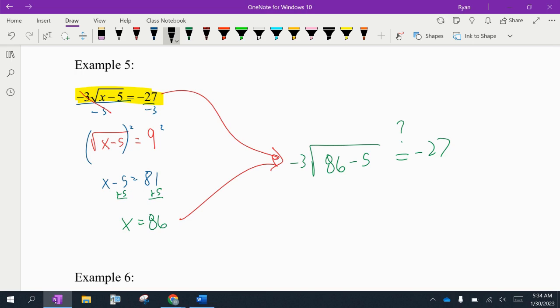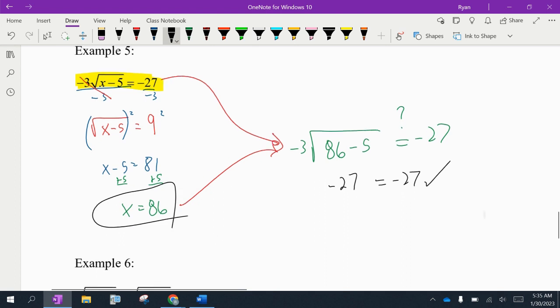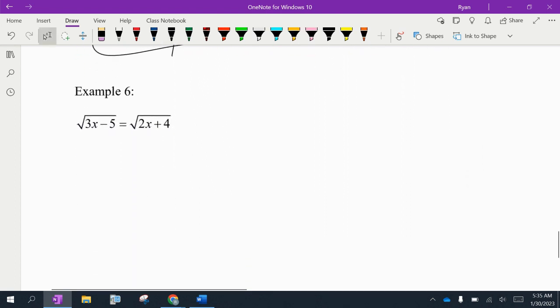The square root of 81 is 9. There's the 9 I had earlier. 9 times the -3 on the outside is -27, which does equal -27. That's great. So x equals 86 is the correct answer.